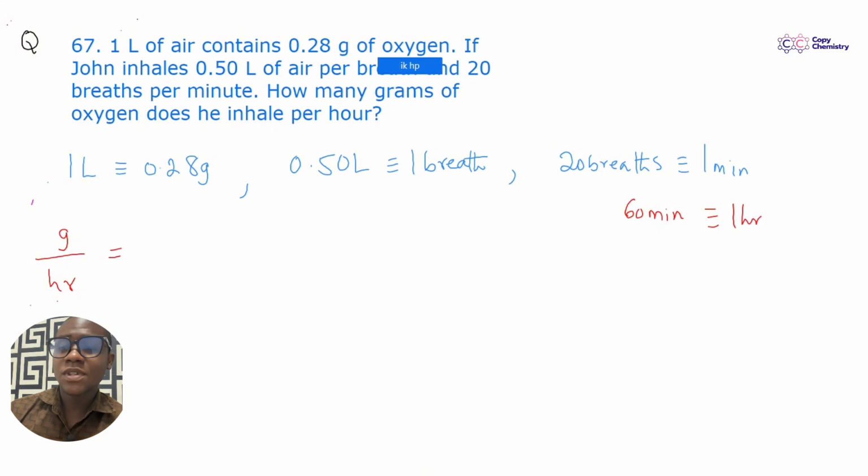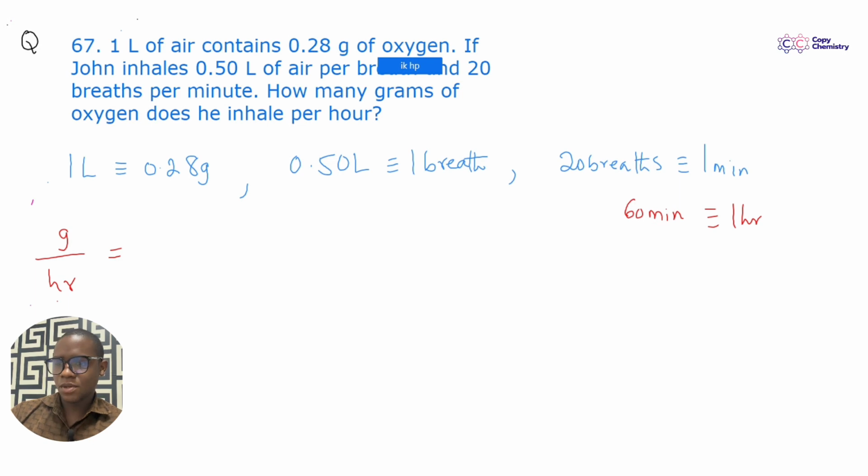So now we've successfully written the relationships we can get from the question and any other meaningful thing, like 60 minutes equals 1 hour. Now we're going to use what we have to get what we want, and we want grams per hour.